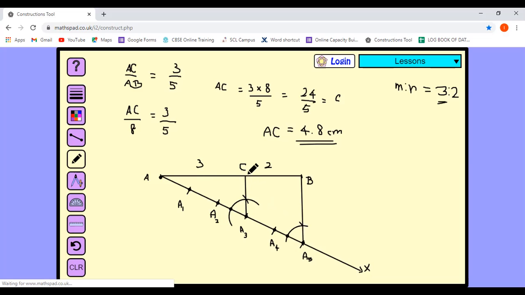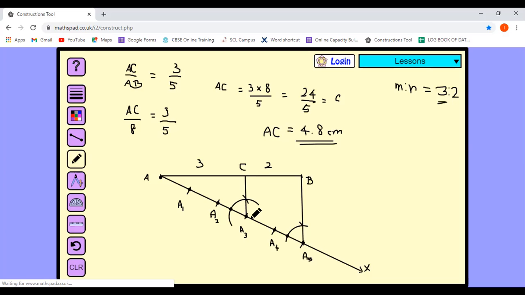Okay, so if that is wrong, then your construction is wrong. So we can give an error of plus or minus 1 centimeter. That is, if 4.8 is the right answer. So if you're getting 4.9 or 4.7, it can be considered. But more than that, the marks will be reduced for your final. Okay, so make sure not to make any small mistakes also.